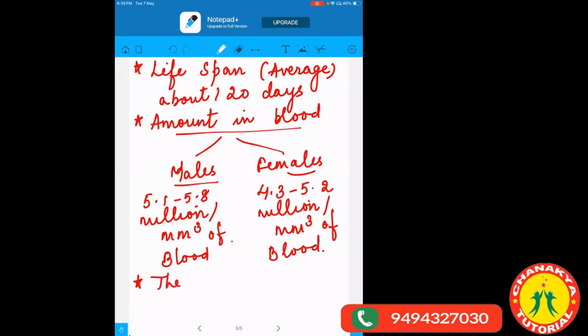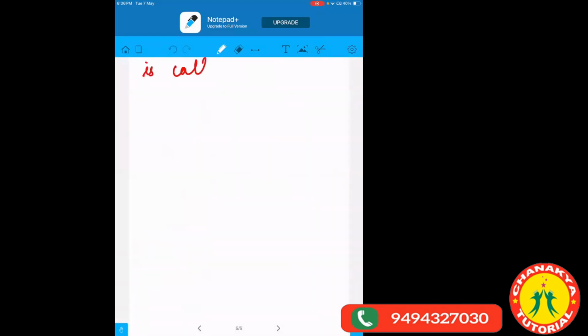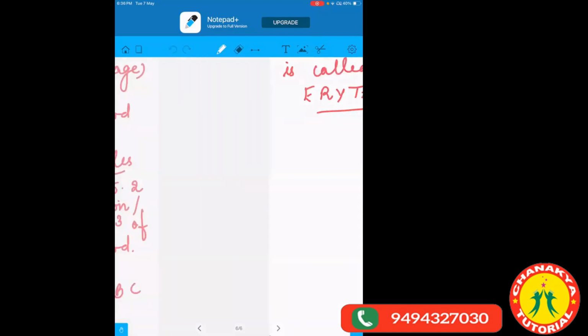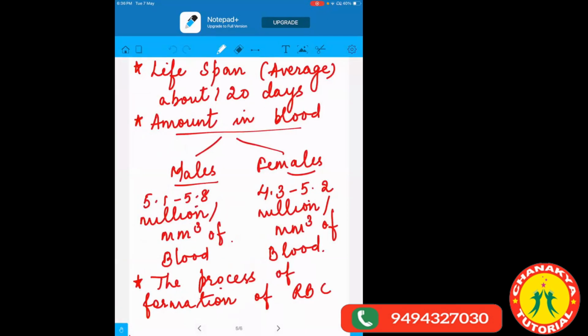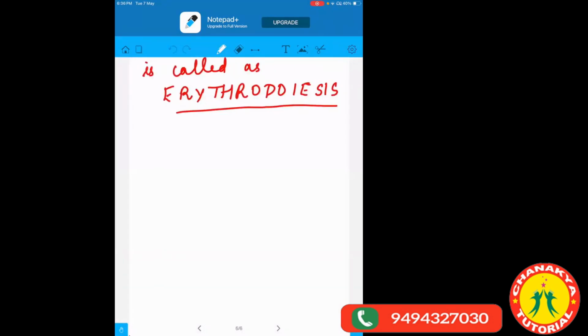The process of formation of RBC is called erythropoiesis. Erythropoiesis. So the process by which the formation of RBC takes place is named erythropoiesis.